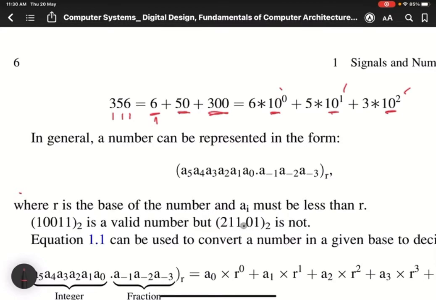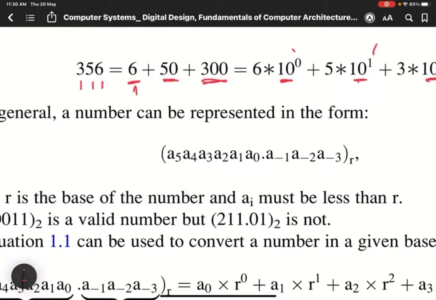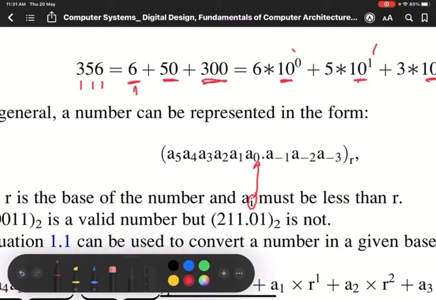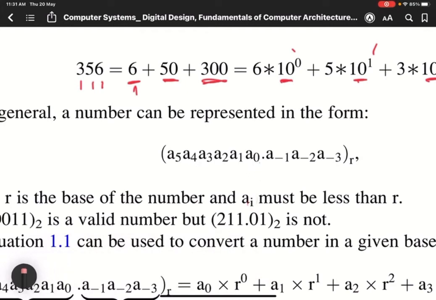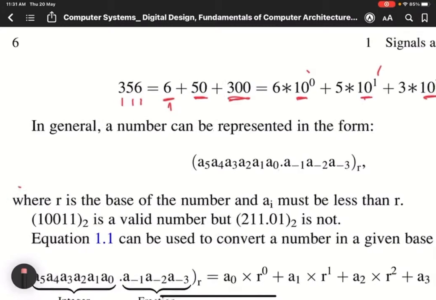So A sub I must be less than R. I represents the index number, any index number. This means any A in any position should be less than the base.